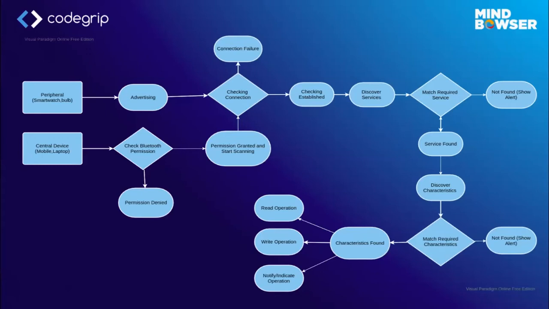That means for the peripheral device, how many services and how many characteristics that peripheral, the smart bulb, or any other kind of device like a smartwatch or heart rate monitor has. After getting the services from that peripheral, we have to match and identify the particular services.